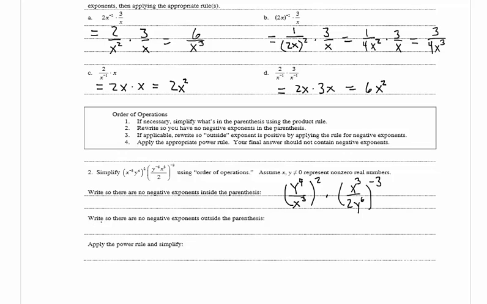And now it wants us to write so there are no negative exponents outside the parentheses. So this first set of parentheses has a positive exponent, so we're just going to rewrite it. And our second set of parentheses has a negative 3. And remember, if we want to make this a positive exponent, we're going to take the reciprocal of our fraction.